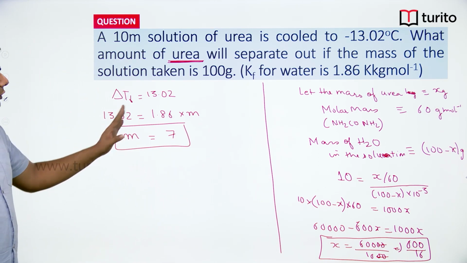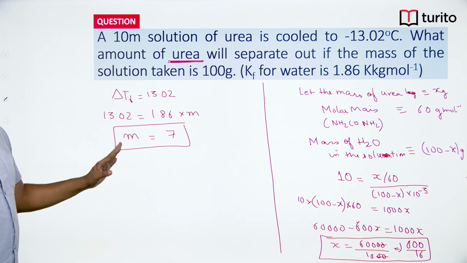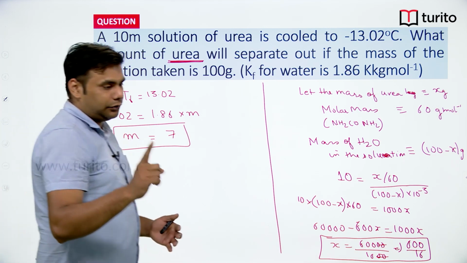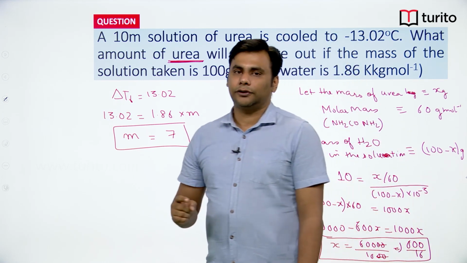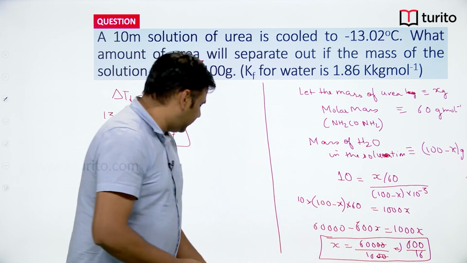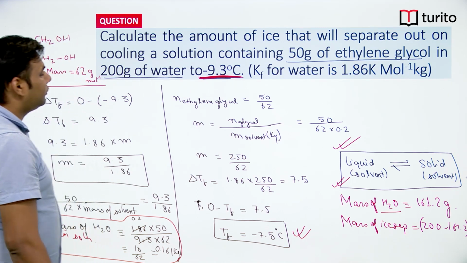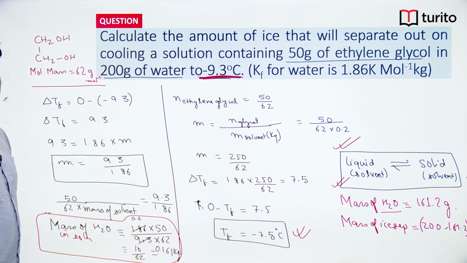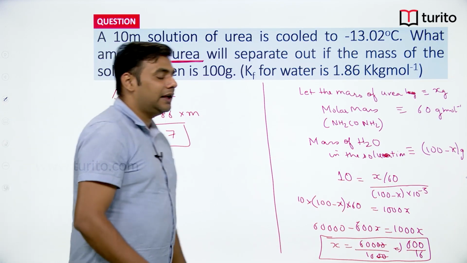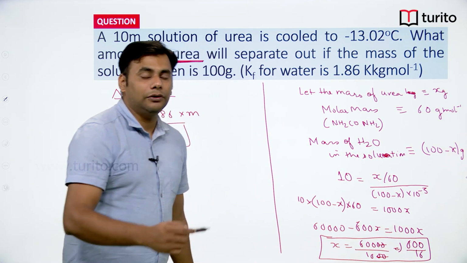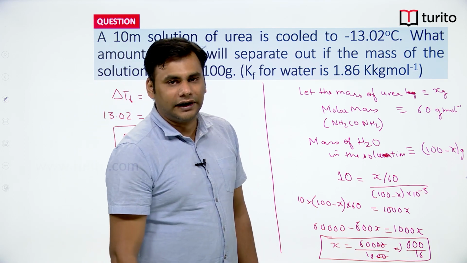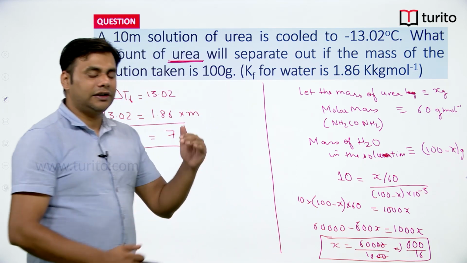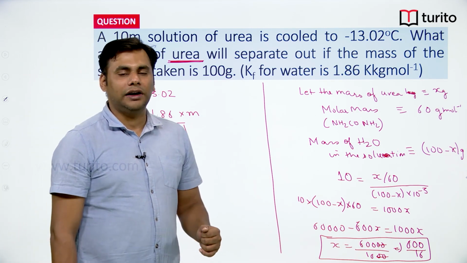Hope this is clear, because when we are freezing the solution, if solvent is getting separated as solid, as in the previous case, where water is changing into ice, the mass of the solvent in the solution is decreasing. Because mass is decreasing, the molality in that case would increase.